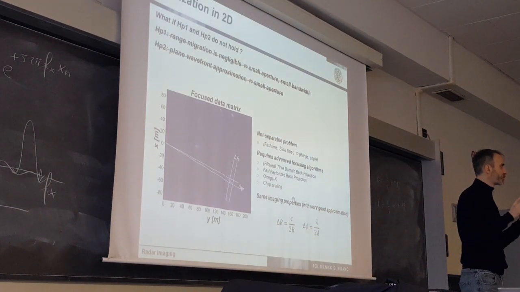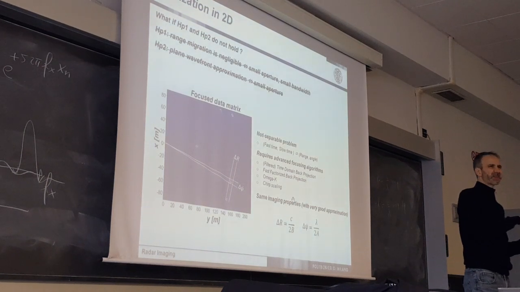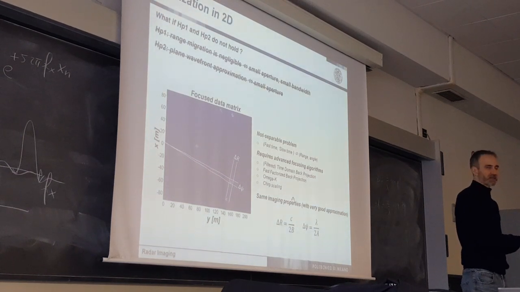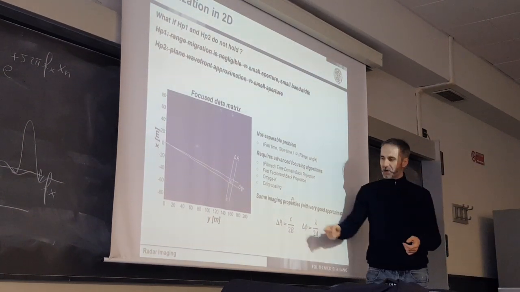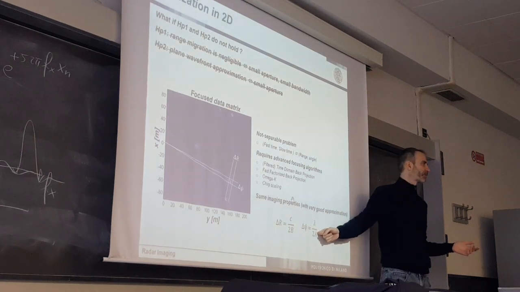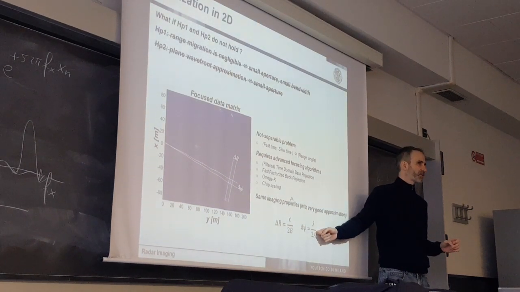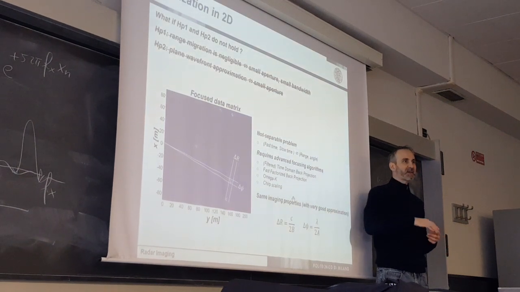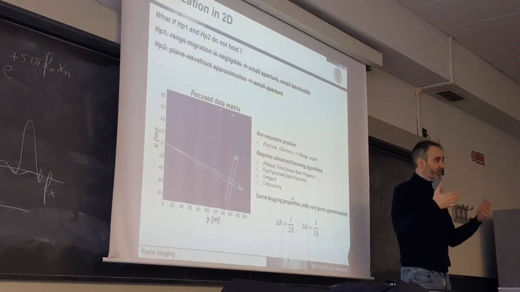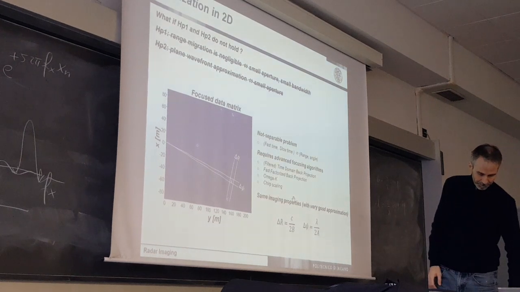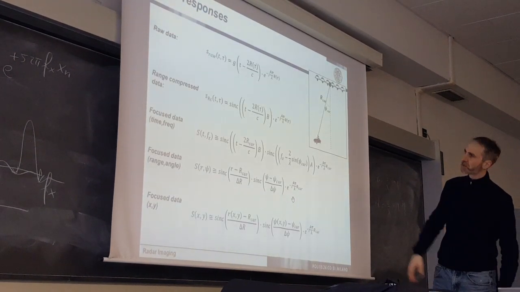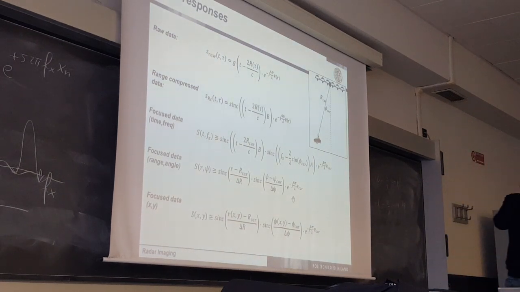You are not able to do the processing for a real system, but you are able to understand the imaging properties of a real system, because these equations will apply anyhow. So you can predict what are the imaging capabilities of a real system. And in particular, maybe I want to show this one too.